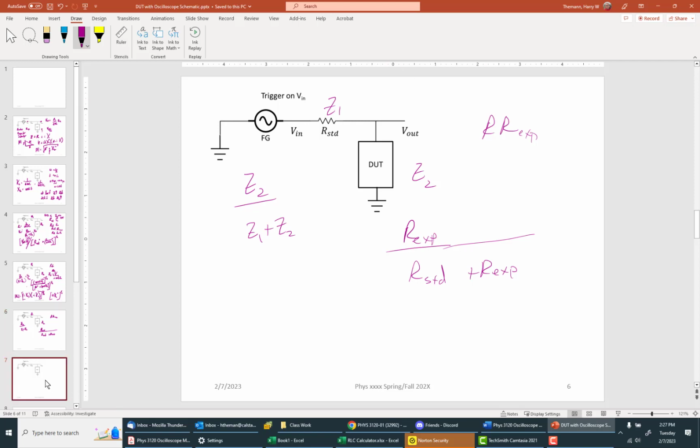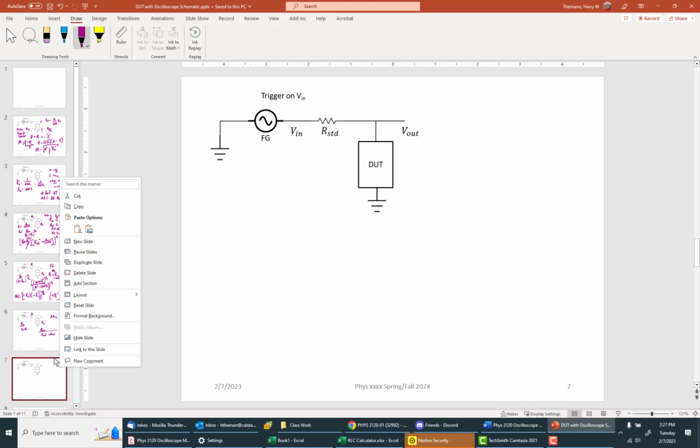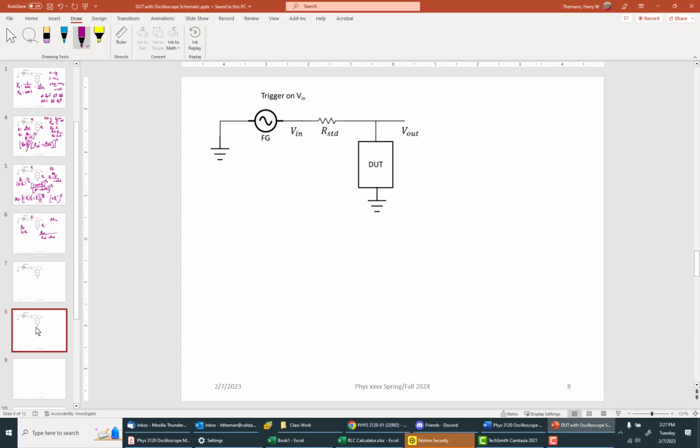Okay, so the last one is a little tricky, not overly so, because it's what we call a series LC circuit. So the device under test is going to be a capacitor and an inductor in series.